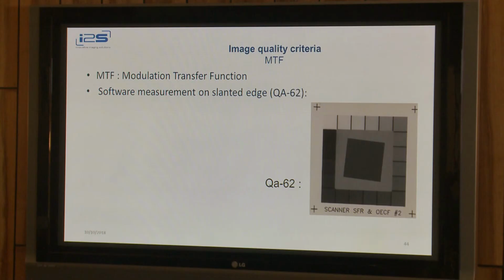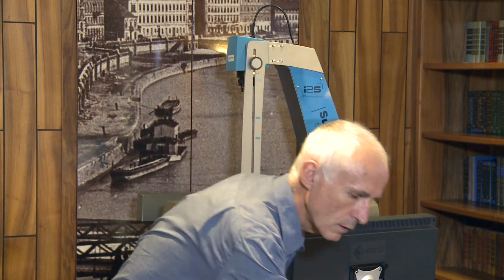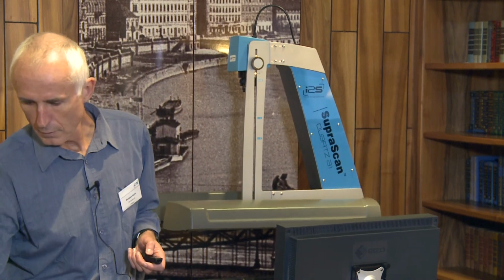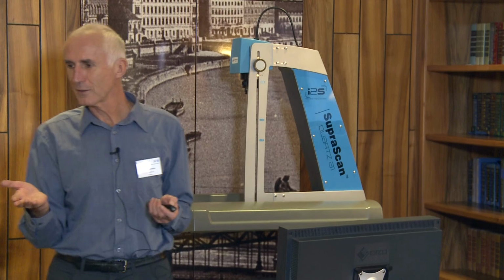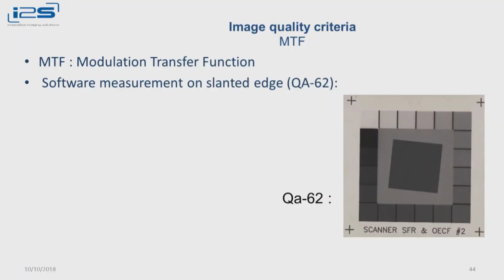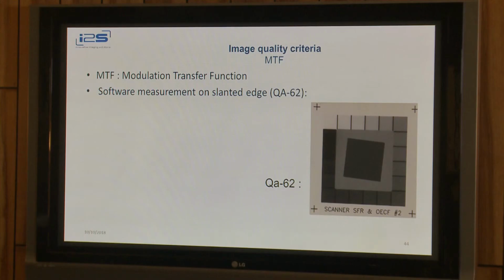So to get a number, I need this one. So this one is here. You can look also. So you will see nothing on this chart. All you have is the edge here, which is slanted, not straight. I mean, you have 4 edges, 2 vertical edges and 2 horizontal edges.